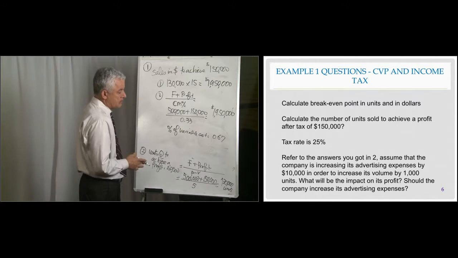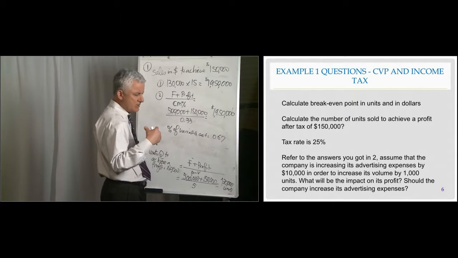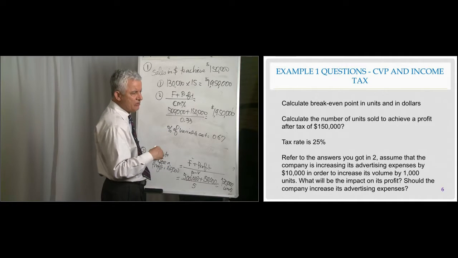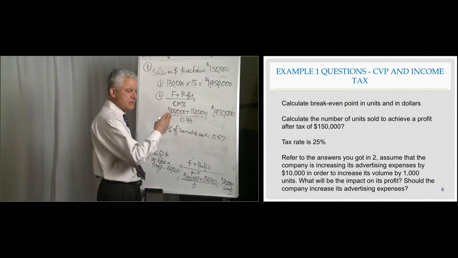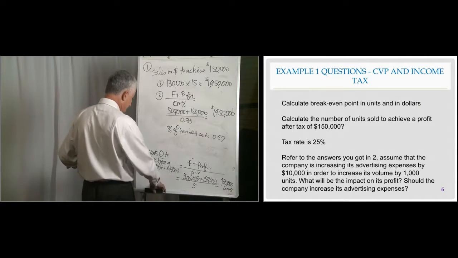The total represents the sales, which is 100%, right? So if they give us a contribution margin ratio equal to 20%, then we infer that the percentage of variable cost must be the remaining 80%. This is very important to understand.